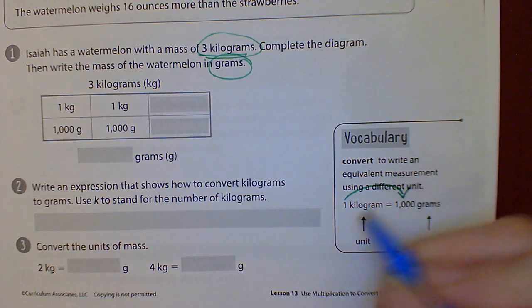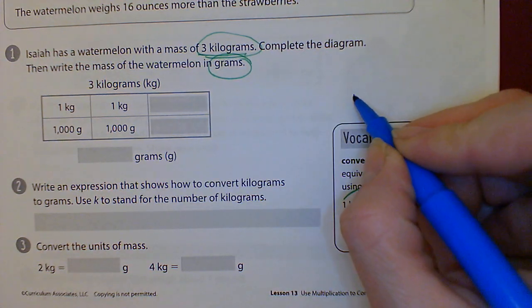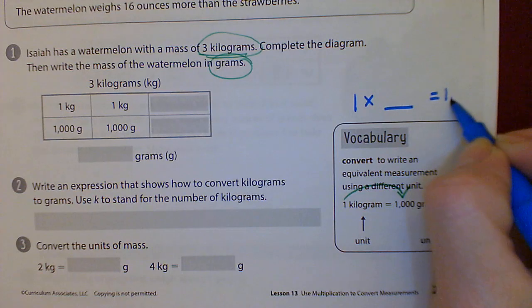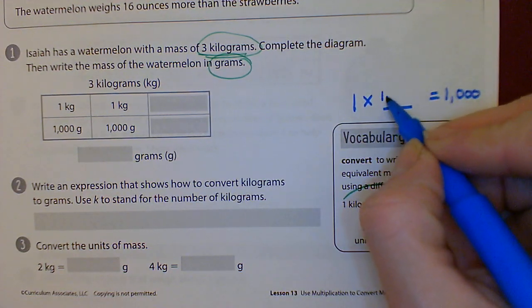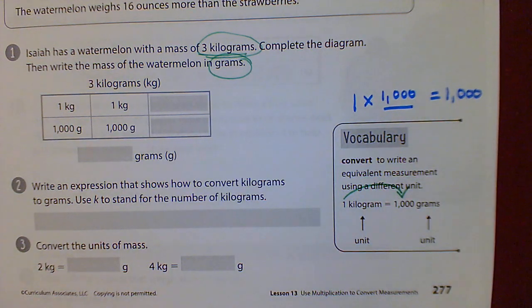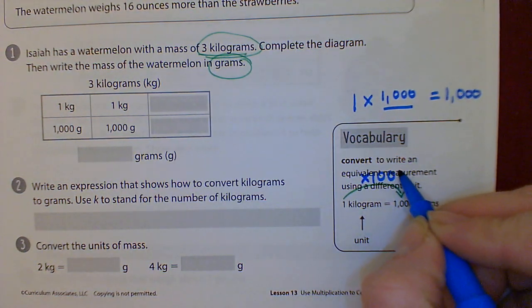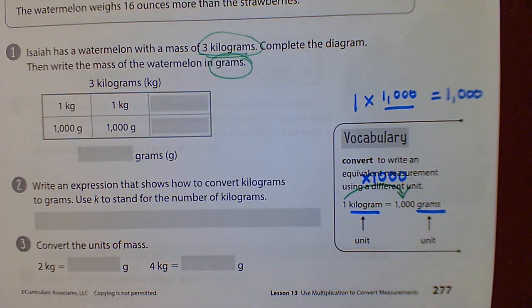So how would I turn a 1 into 1,000? Another way to think about this is that 1 times some number, because we're getting bigger, is going to be equal to 1,000. Well, that's nice and easy. 1 times 1,000 is 1,000. So my rule for converting kilograms to grams is times 1,000.